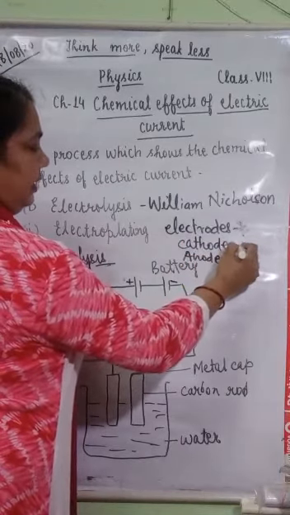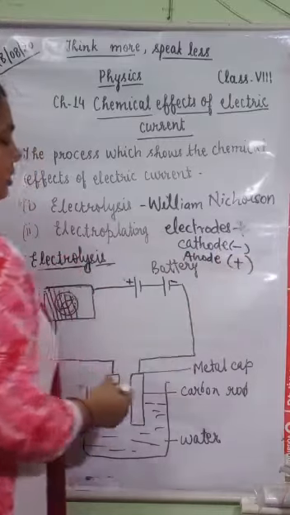Cathode is the negative terminal and anode is the positive terminal.